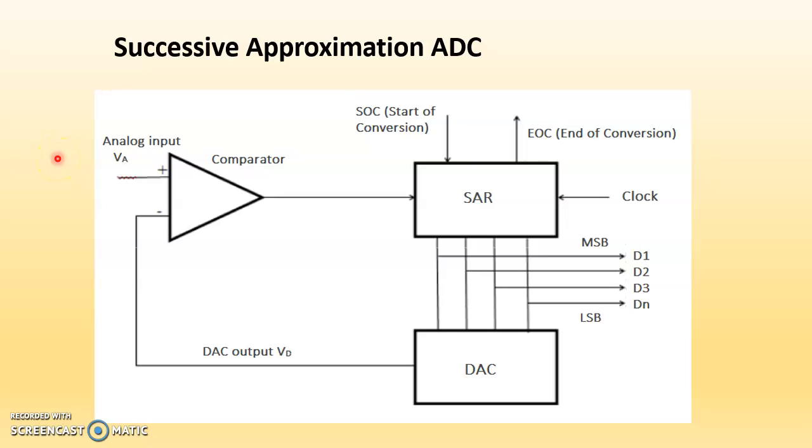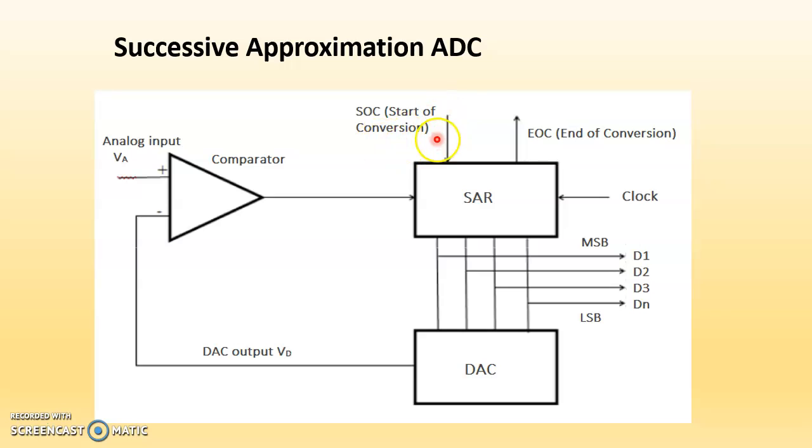It is having these blocks: comparator, the SAR, successive approximation register, then DAC, digital to analog converter. These blocks are present. So basically how this SAR operates, the comparator compares this analog input voltage with respect to the output of this DAC and gives the signal to SAR.